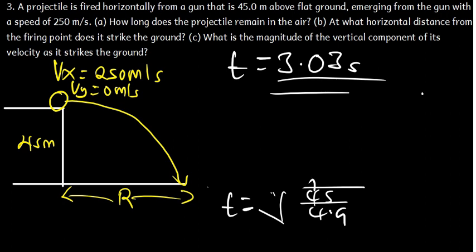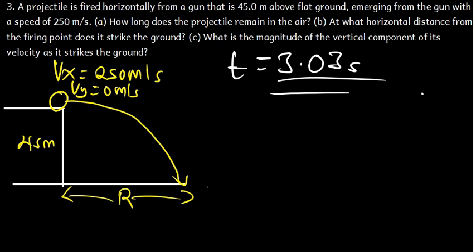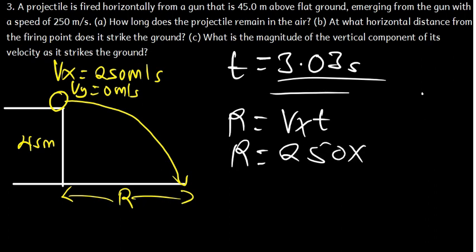Okay, now part B is saying at what horizontal distance from the firing point does it strike the ground? As long as they're talking about the horizontal distance, just know that we're talking about the range. And we do know that the range is given by Vx times t. In this case, our Vx is 250 times the t, which is 3.03.